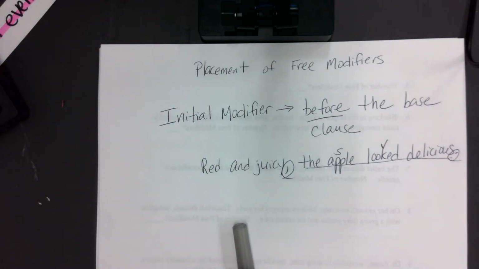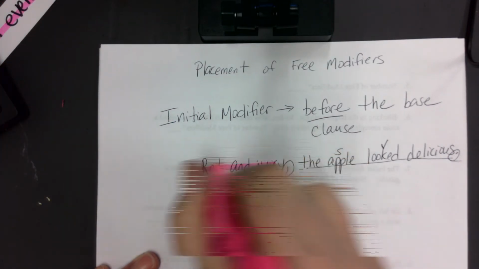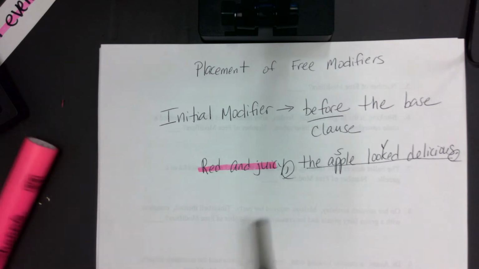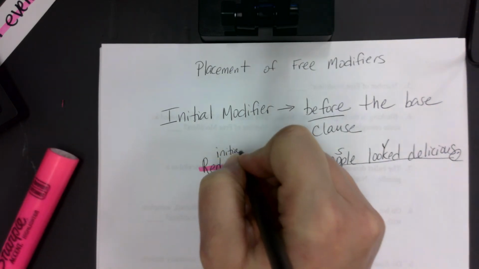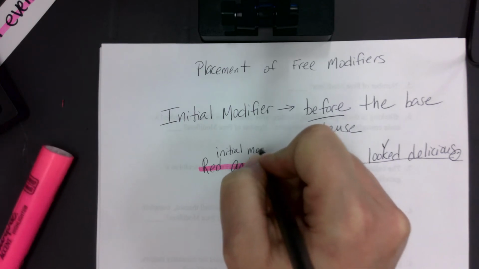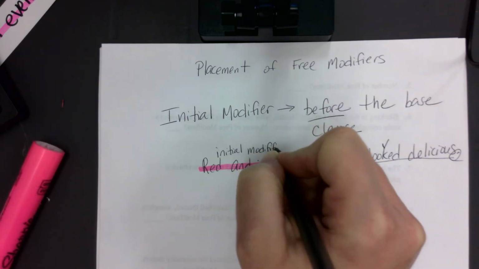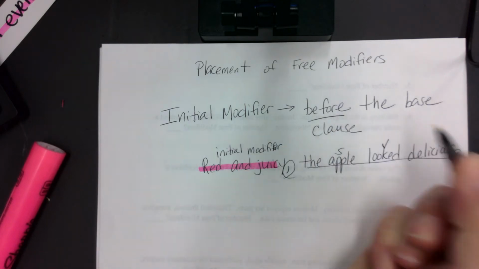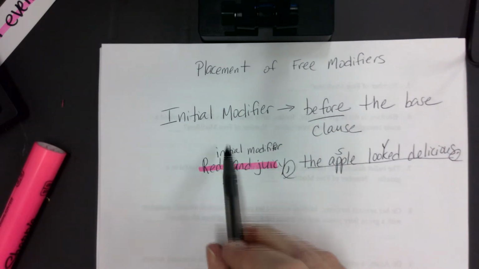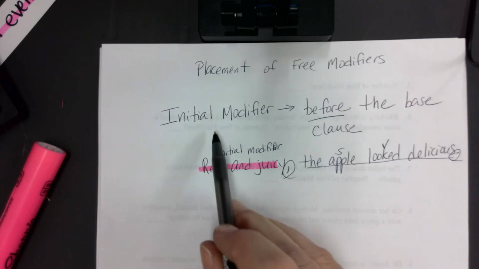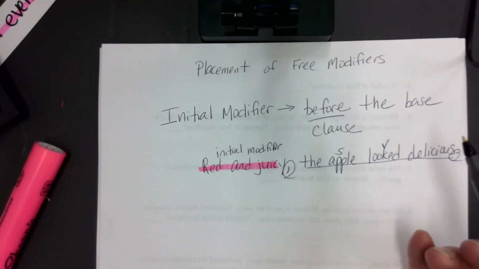So we have a free modifier here, red and juicy. And this time it's called an initial modifier because it is before the base clause. Okay, so any free modifier that comes before the base clause is an initial modifier, and there might be more than one initial modifier.